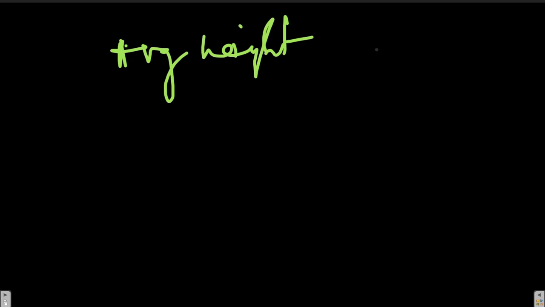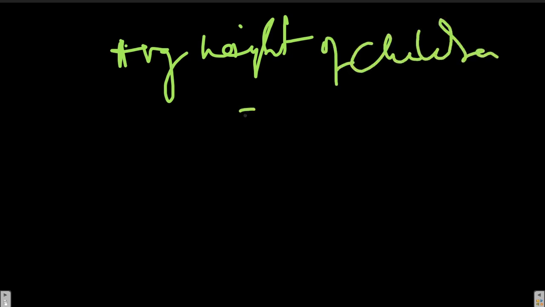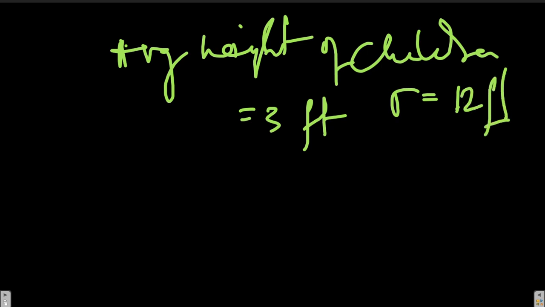Let's say we are measuring the height of children, and the average height of children is 3 feet, and we have an SD, sigma, equal to 1.2 feet.